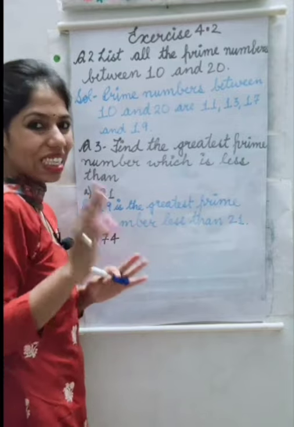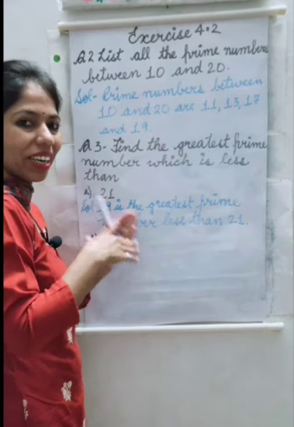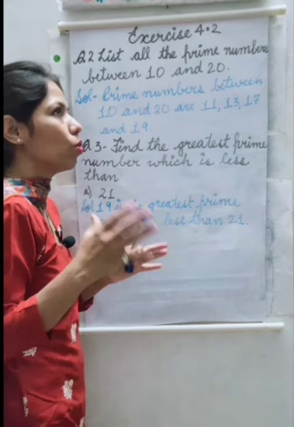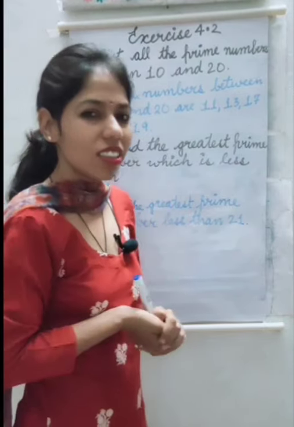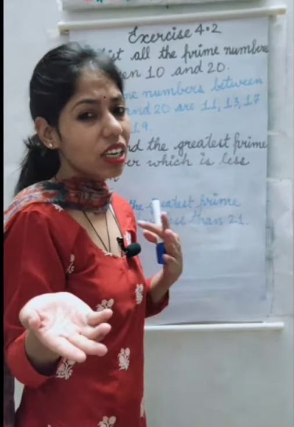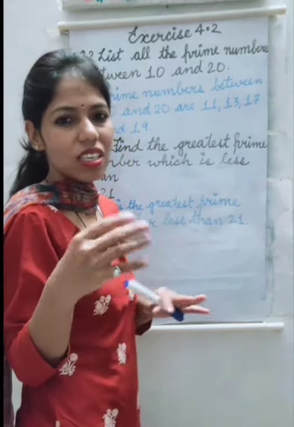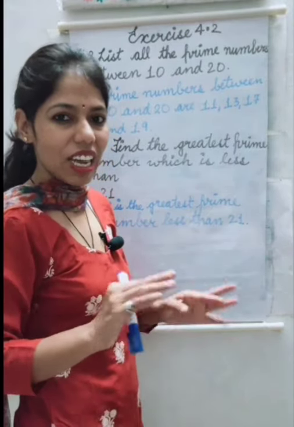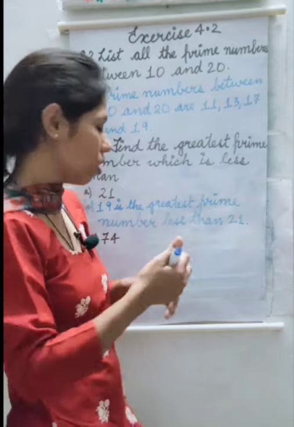So we have to find the greatest of all the numbers which are less than 74. So before 74 comes 73. So just recall whether 73 is in any table or not. 7 tens are 70, 8 tens are 80. So we cannot find 73 in any table except 1 and 73.